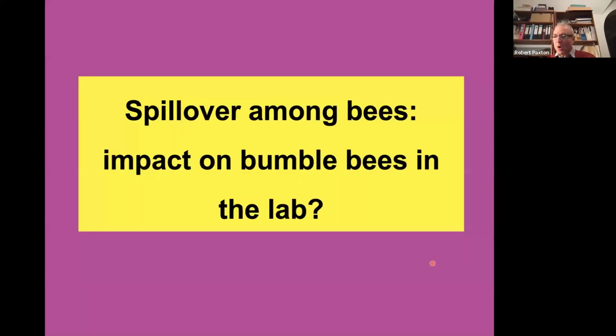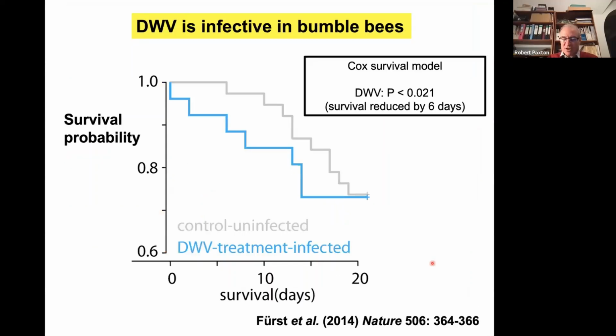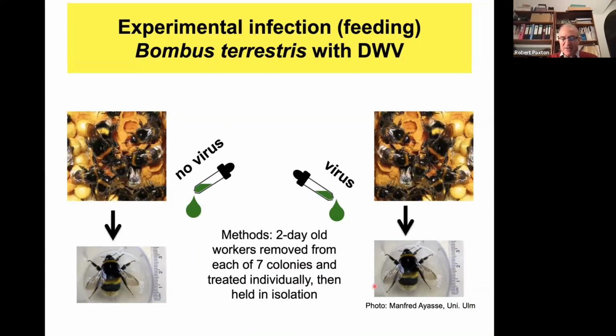Right. What impact is the virus having then on the bumblebees in the laboratory? Again, we've got previous evidence. This is from our first paper, the first data set that I showed you, that included an experiment in which bumblebees were fed virus and then kept individually in isolation.